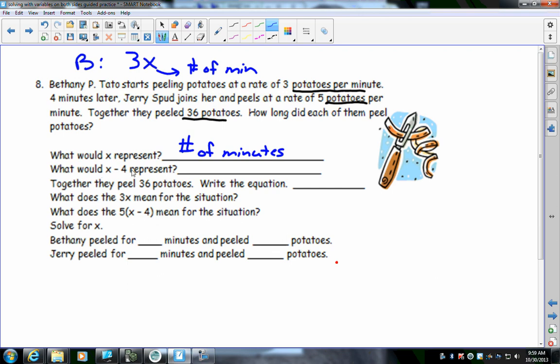Then it says X minus 4 because 4 minutes later Jerry showed up. So this is when Jerry showed up, because he came in there 4 minutes later.